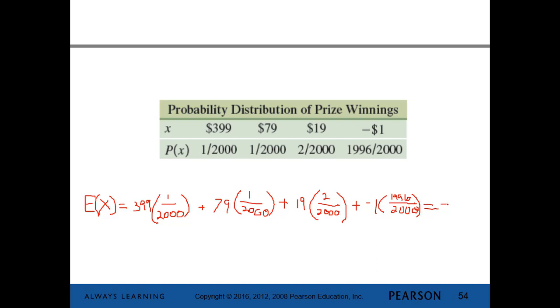It's going to be negative 74 cents for each game, which means that on average you would lose 74 cents every single time. Basically, you'd lose $740 of your money if you did this 1,000 times. So not a good deal.